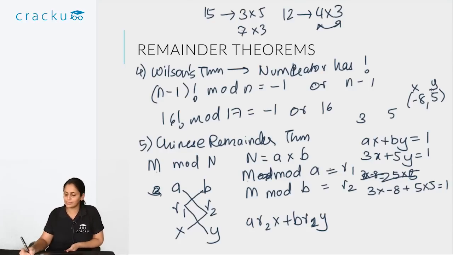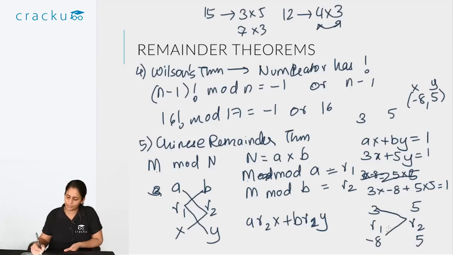In this case, I'd write 3 over here and 5 over here, with r1 and r2, and x as minus 8 and y as 5. So I'll have 3 into r2 into minus 8 plus 5 into r1 into 5, and the sum of that is essentially the remainder I get by the Chinese remainder theorem.